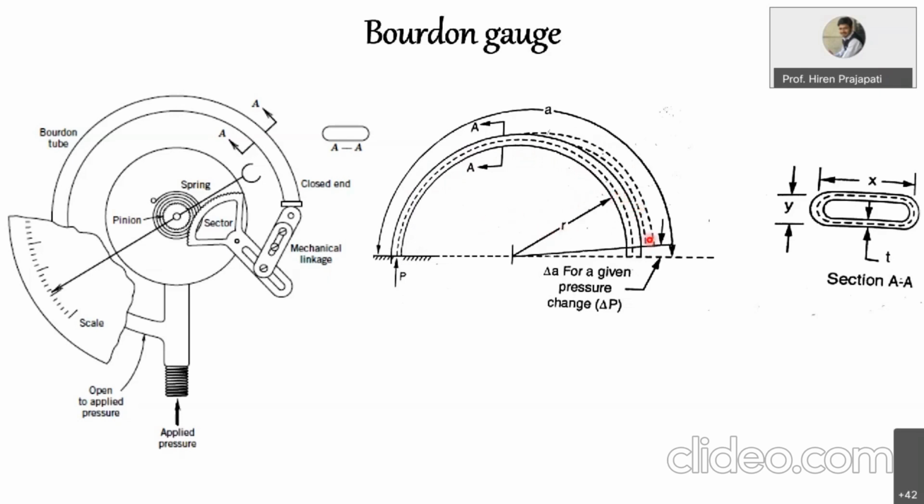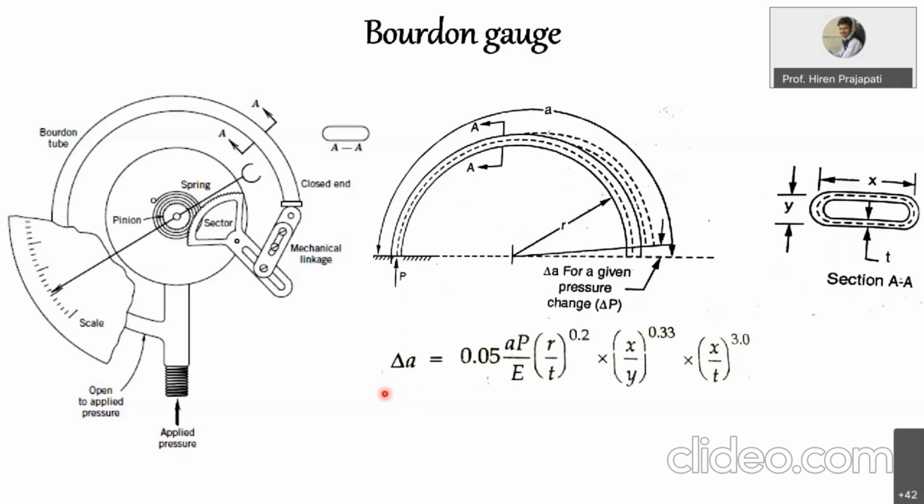Here you can see this delta P will cause delta A deflection, right? And this diagram gives you an idea about the different dimensions. The major axis is X, and the minor axis of this elliptical tube is Y, and this is called a Bourdon tube. That's why this gauge is called a Bourdon tube pressure gauge.